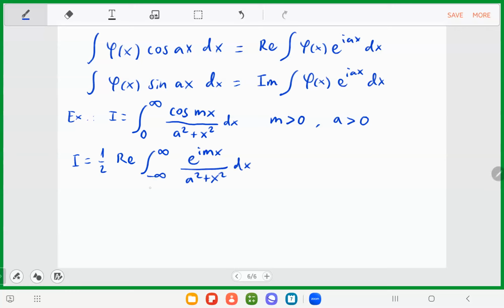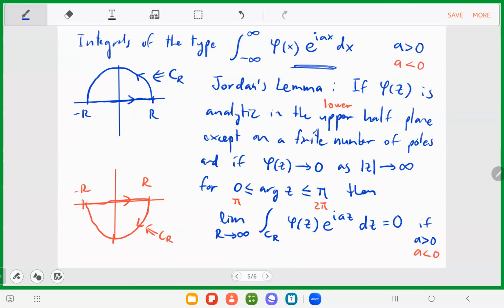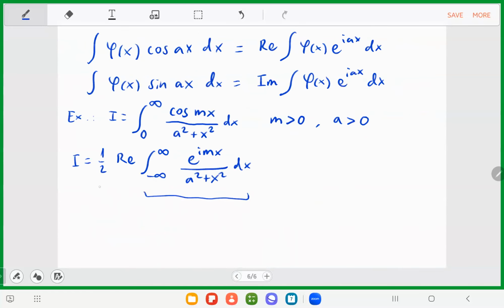So with this type of integrals, we can do many other things, in some cases. It's important to recognize that this is because it's even, and this is because it's a cosine. But in the end, we just calculate this integral and take the real part and divide by 2, and then we get the integral that we want.